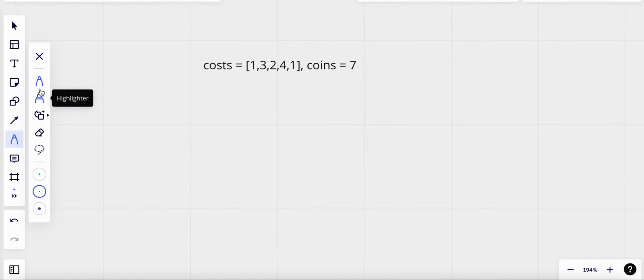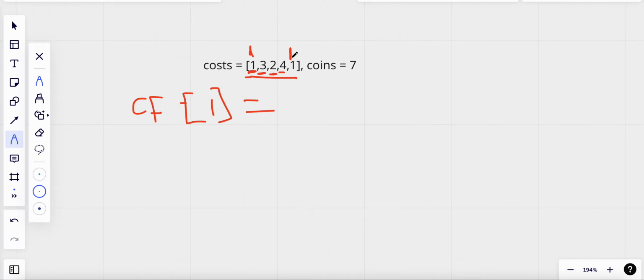So what we need is to create an array of frequencies. What is the maximum length of the array that we need to create? Of course, we have ice cream that costs 1, that costs 2, that costs 3 coins, and that costs 4 coins, right? So we need to create a frequency array. I'll just write it CF, and index 1 will have a frequency of 2, because we have 2 ice creams that cost 1, right?